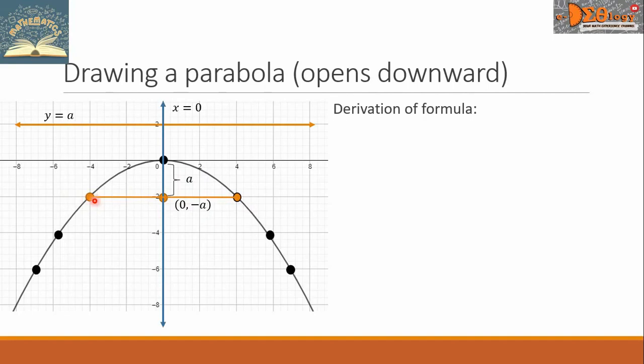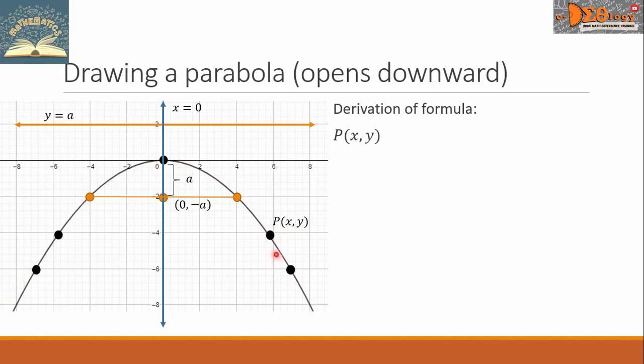Let us now derive the formula. Let us pick a point of the parabola. Let's say this point. Let us name this as P with coordinates x, y. And this P is a moving point representing all the points of the parabola.